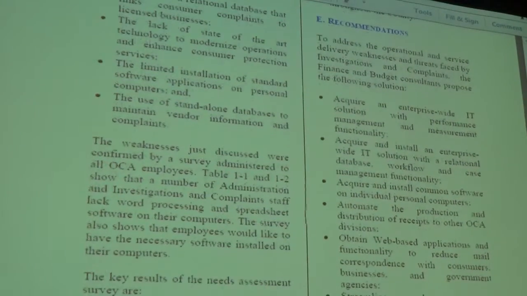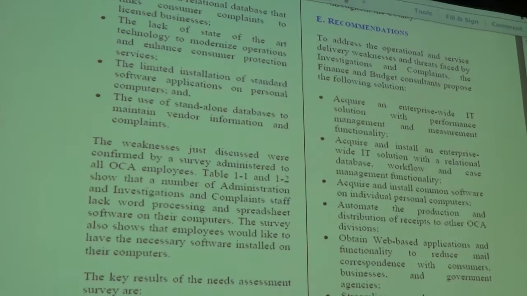For each component, each department, we have the recommendations of what they needed to do in order to make it more effective, more efficient, and to streamline services. On page 27, we recommended the acquisition of an enterprise IT solution for performance management. Acquire and install an enterprise-wide IT solution for the relational databases.